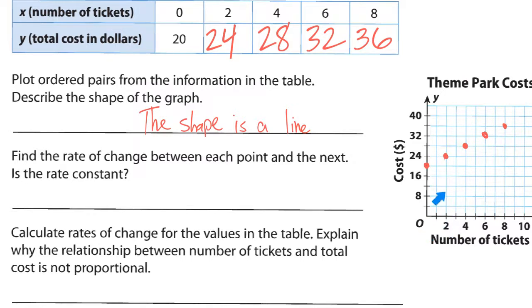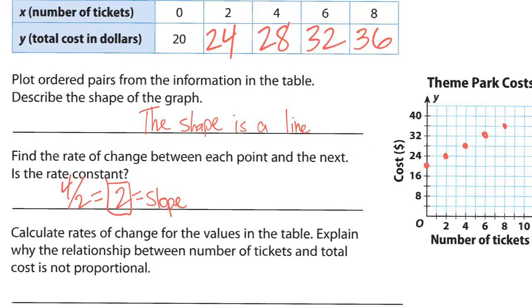It goes from 2 to 4, and from 20 to 24, and then 24 to 28, and 28 to 32, and 32 to 36. So that's going up 4 and over 2. So the rate of change is 4 over 2, which equals 2. So there's the rate of change, which is the slope, by the way.